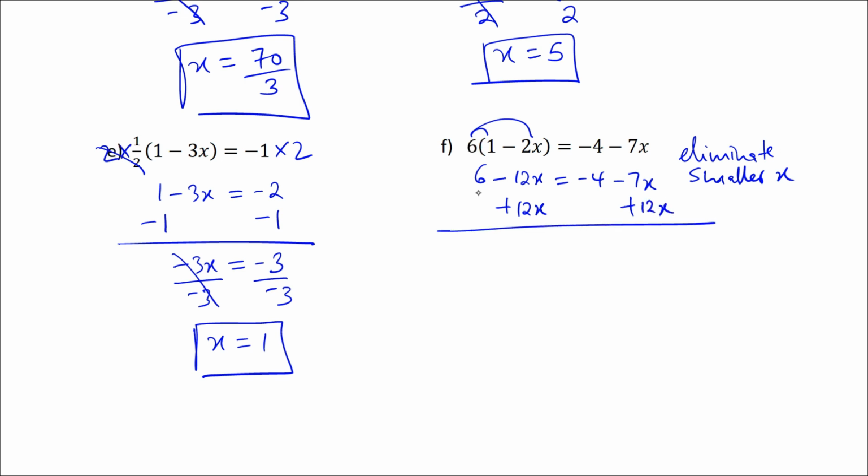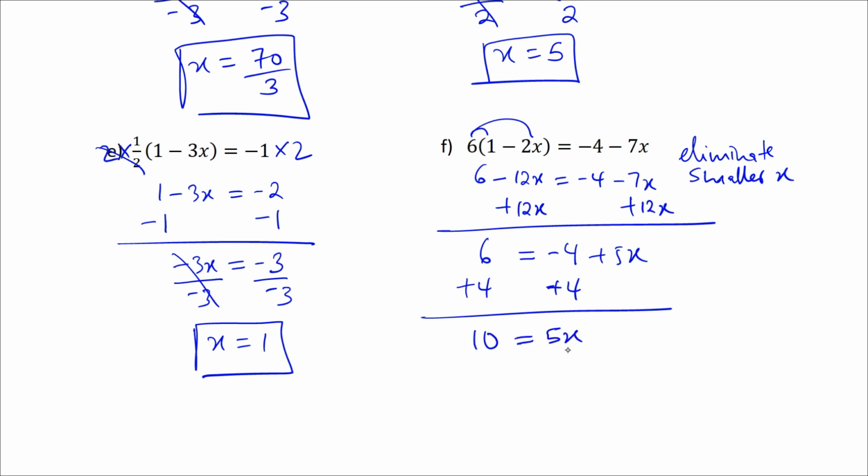So what you'll end up with is 6 equal to negative 4 plus 5x. And then, because you want to be left with x alone, add 4 on both sides, because the opposite of subtracting 4 is adding 4. You'll end up with 10 equal to 5x, and then you divide by 5. So x will be equal to 2.